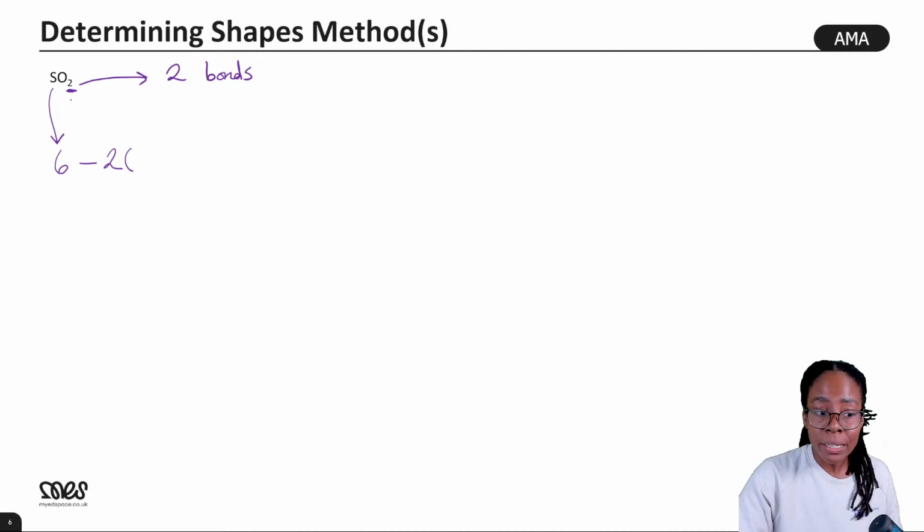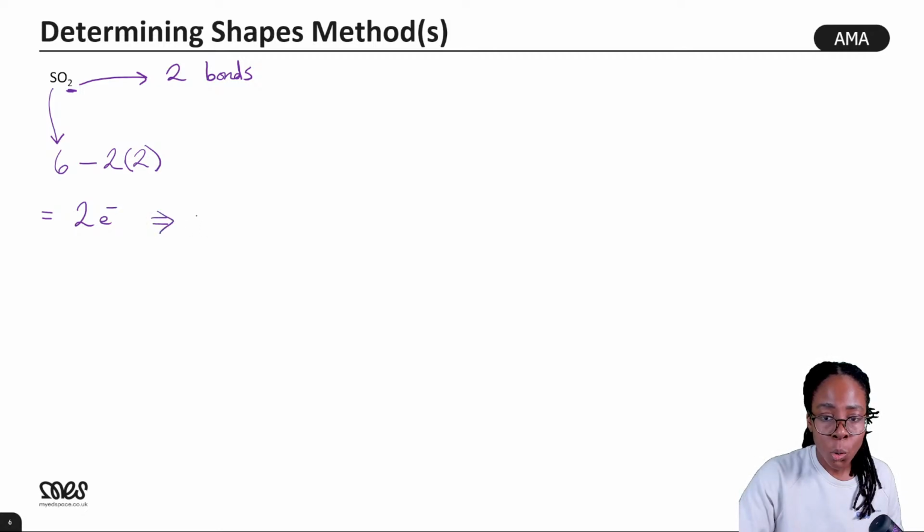Oxygen is in group 6, so needed 2 more electrons. So instead of just 2 times 1, it's going to be 2 times 2. And so we end up with 2 electrons left over, and therefore 1 lone pair.